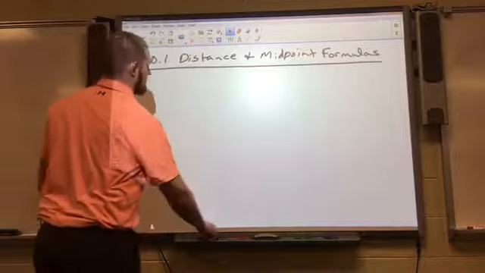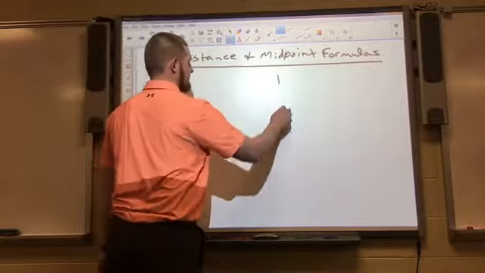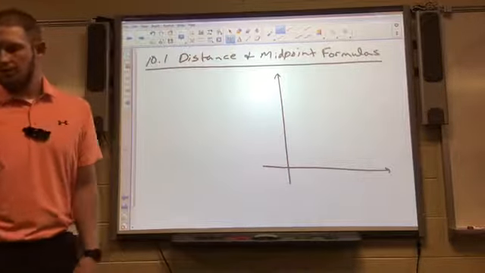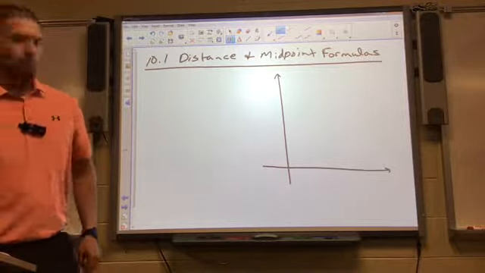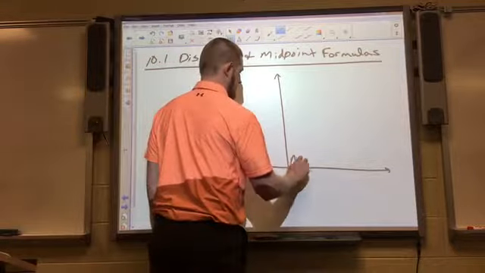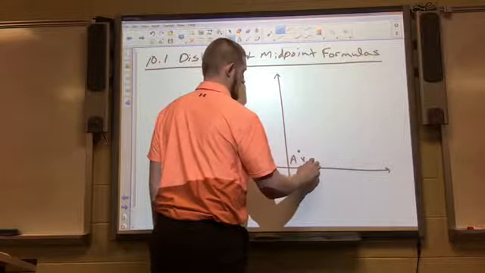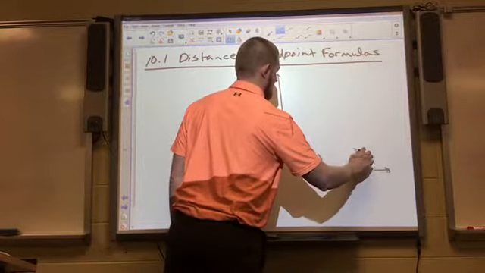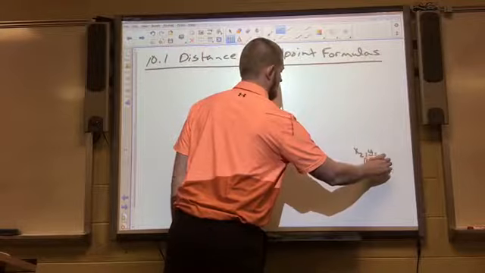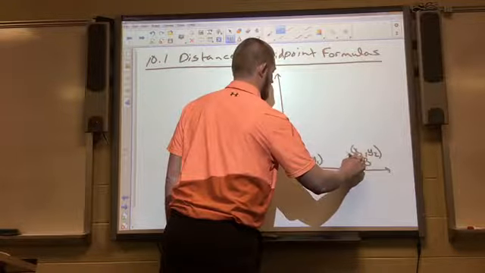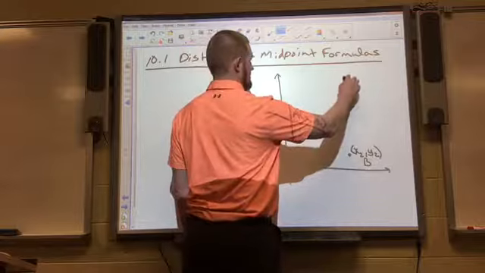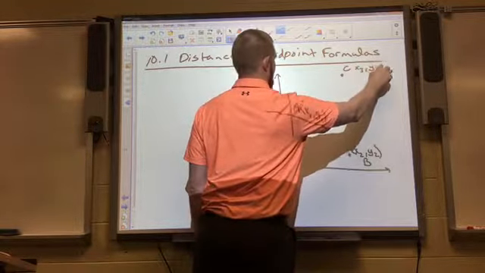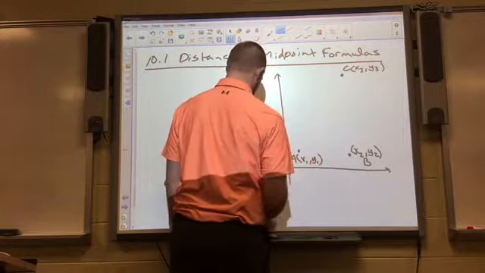Now, with the distance formula, let's say I have my xy axis here. So we're kind of going away from what we're used to talking about now. Let's say this is x1, comma y1. B over here is x2, comma y2. And C is up here at x3, comma y3.